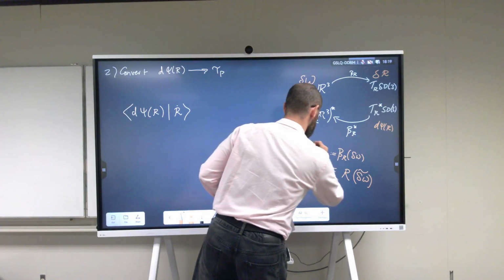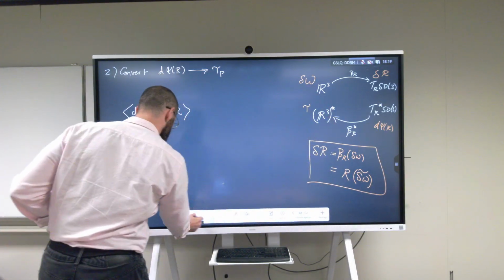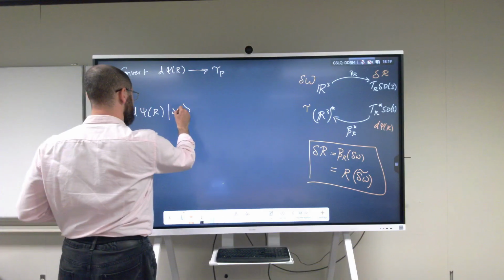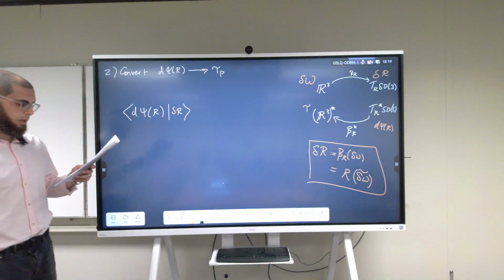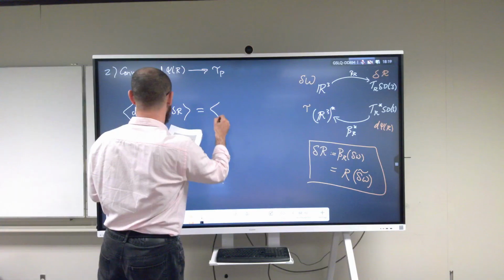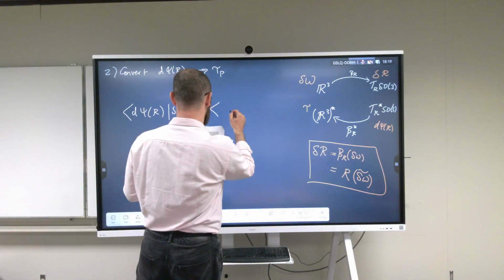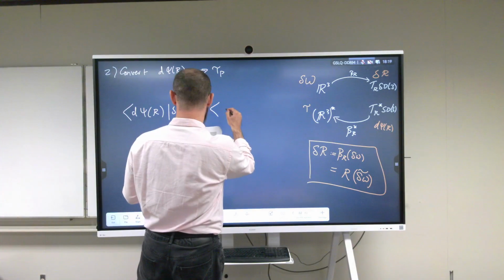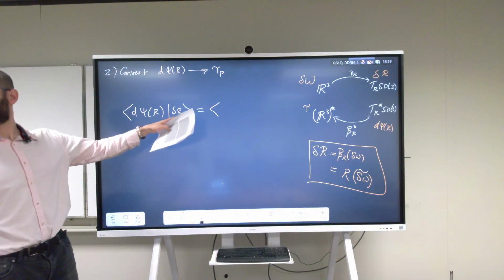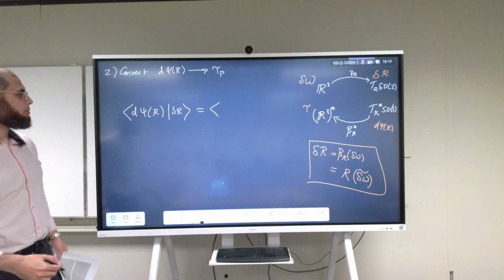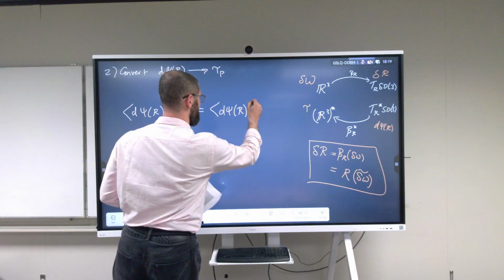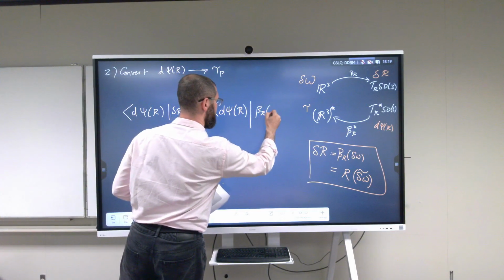Delta R. So that's the definition of it. And now we can plug it here. So this thing is the same as, so first of all, you see this equation. Let me rewrite it as d psi of R, beta R delta omega.